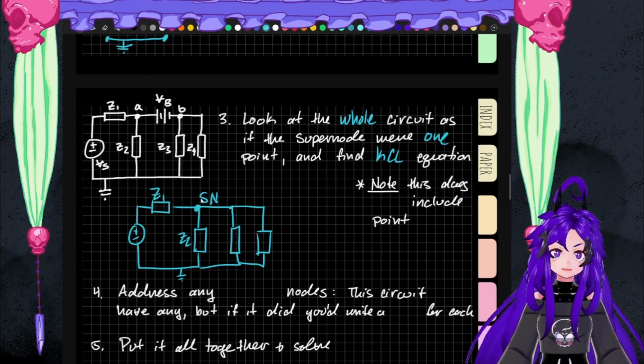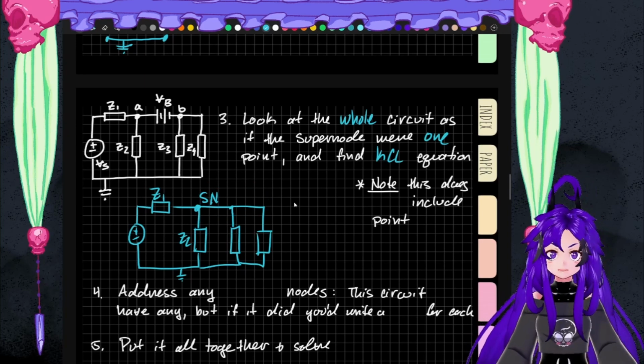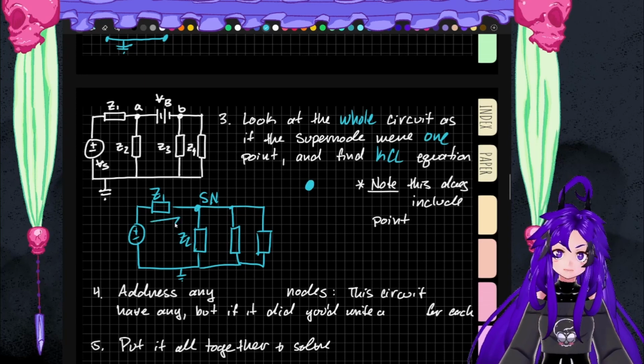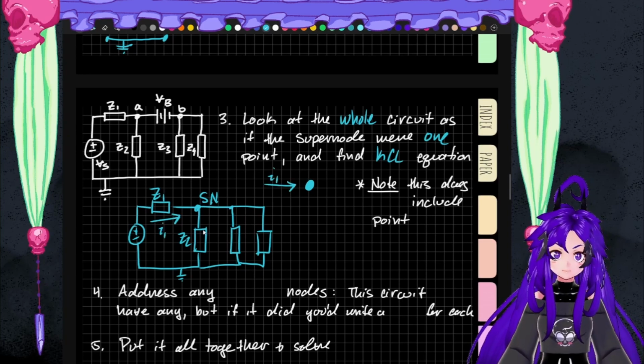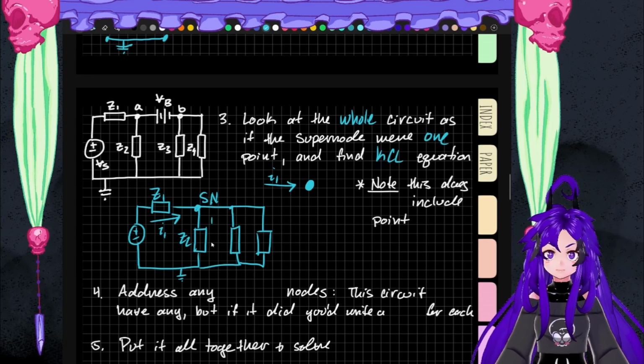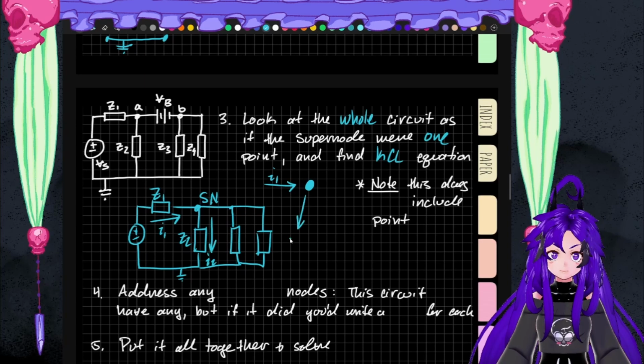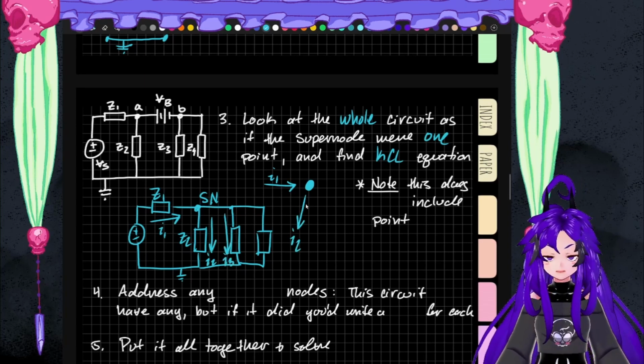So let's figure out all the stuff going into the supernode. Well, let's just draw it as one single node. We're going to have some current I1. Then we're going to have some current I2. Then some current I3.